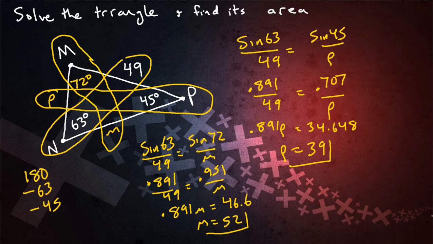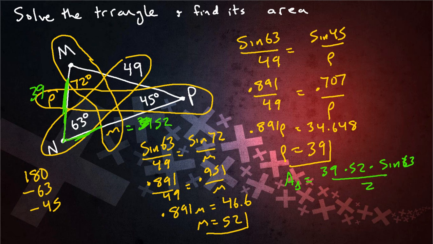Okay, so we do have a bunch of options here that we could use in order to find the area. And it doesn't matter which option we use. I'm going to choose to use this side angle side combination. See, I have my side, I have my angle, I have my side. So the area of the triangle is going to be 39 times 52 times sine 63, all divided by 2.